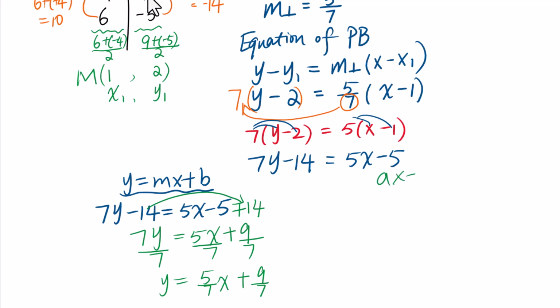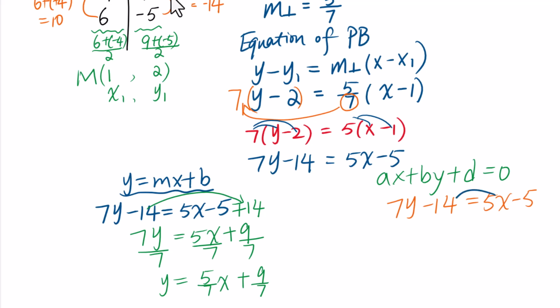For ax plus by plus d equals 0 form, you will move everything from the right side to the left side. Remember, cross the river, change sign. 5x will be negative 5x plus 7y minus 14. Negative 5 will be positive 5, equals 0.